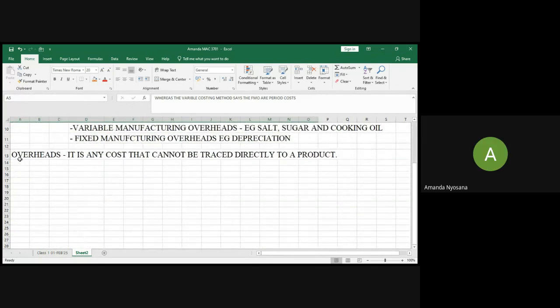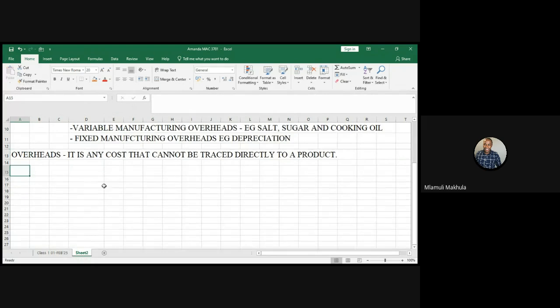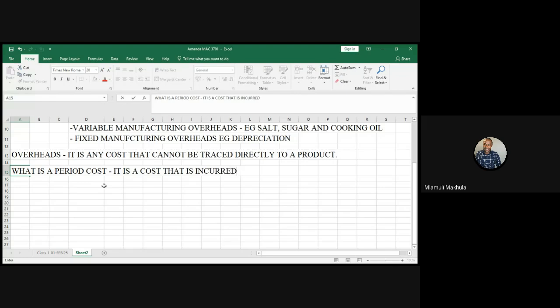So now the question is, what is a period cost? A period cost, Amanda, is a cost that is incurred for non-manufacturing purposes.